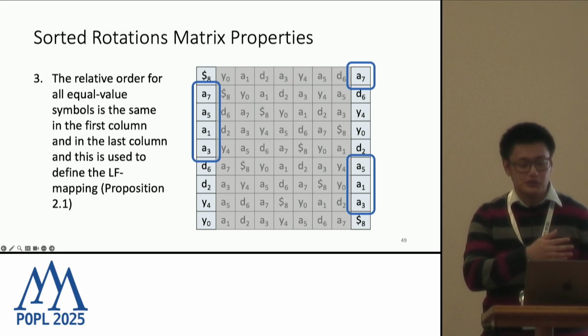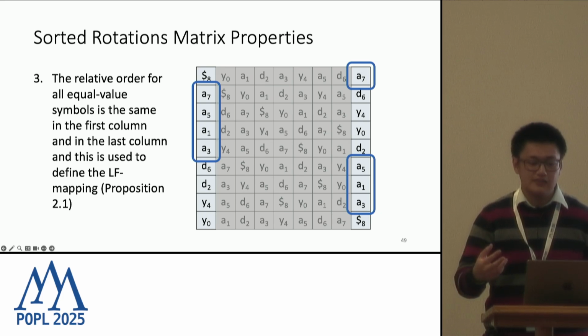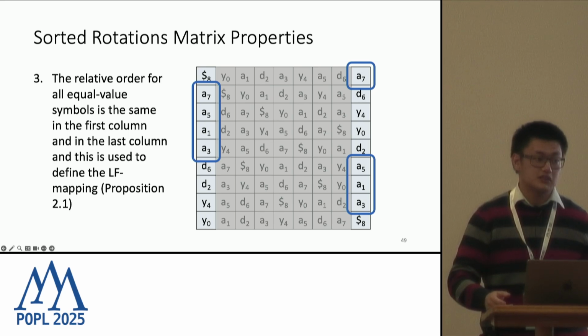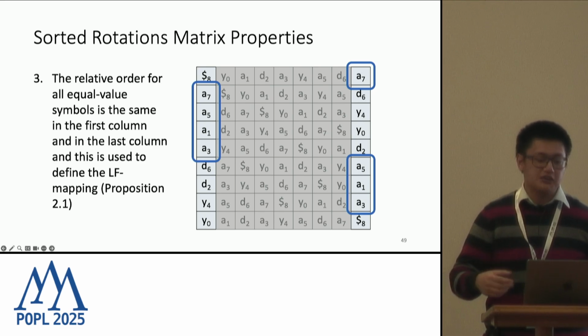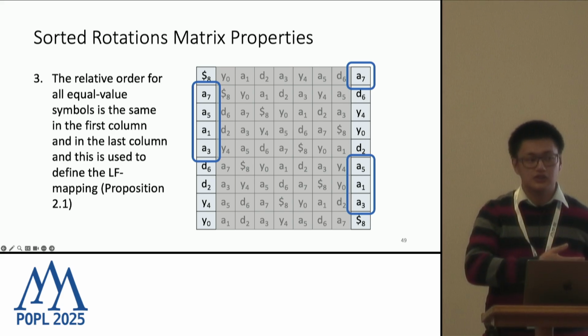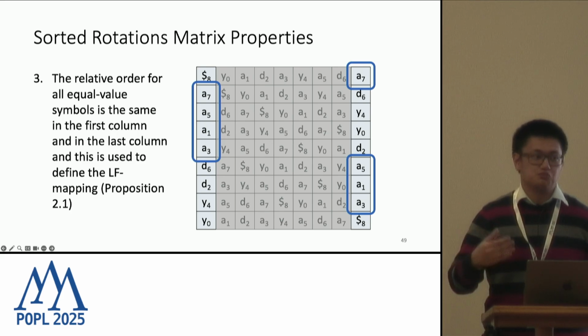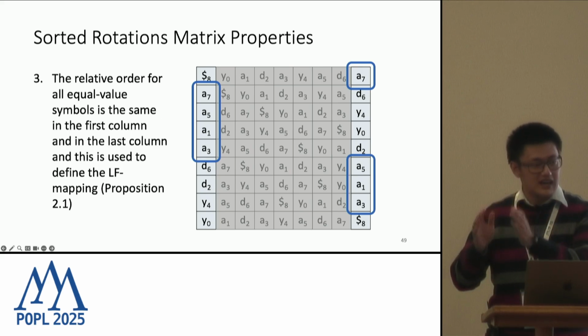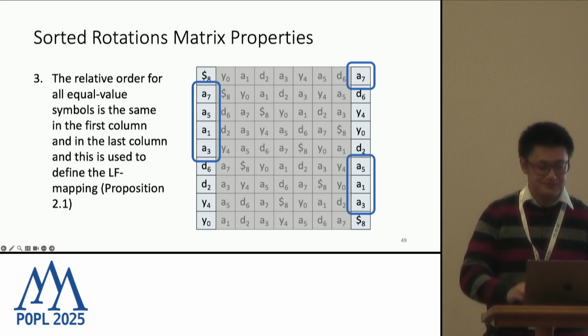So for example, if we know that A5 is the second A in the last column, we can figure out that it must also be the second A in the first column. The other thing is that we know the general region where the A's should lie because they're all in sorted order. And because of this, we can find out its location. And we call this the LF mapping because it maps the item from the last column to the first column.